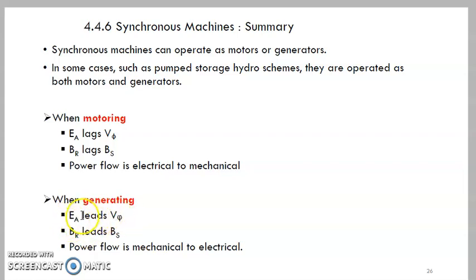We turn the shaft and produce the internal generated voltage, and after subtracting the drop across the series resistance and impedance, you produce V phase. So for sure E_A is bigger than V phase. The rotating speed leads the synchronous speed, and power flow is from mechanical to electrical.